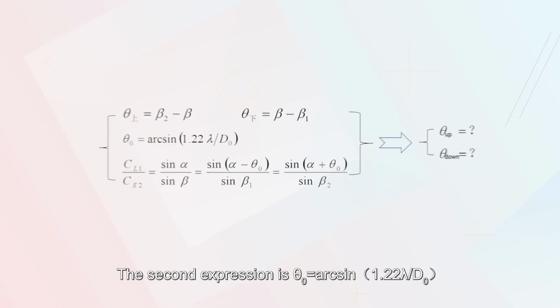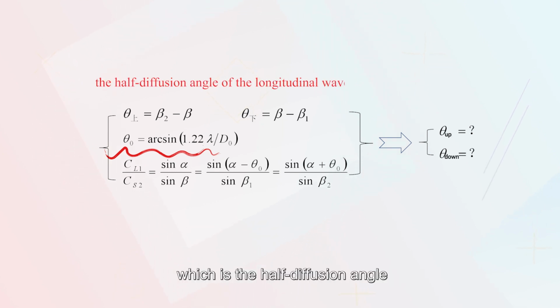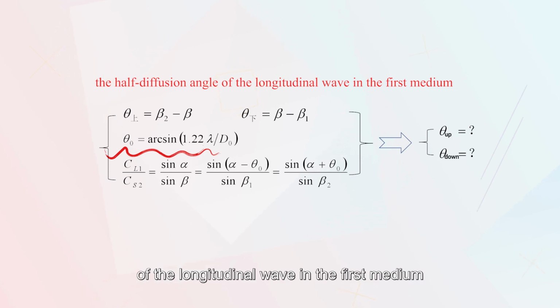The second expression is zeta 0 is equal to arc sine, open parenthesis 1.22 lambda slash d0 close parenthesis, which is the half diffusion angle of the longitudinal wave in the first medium.